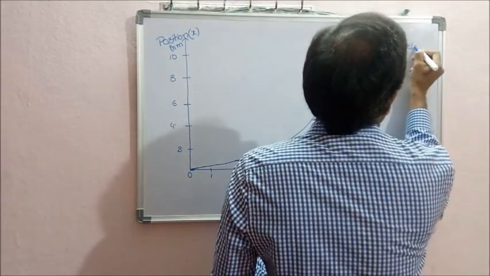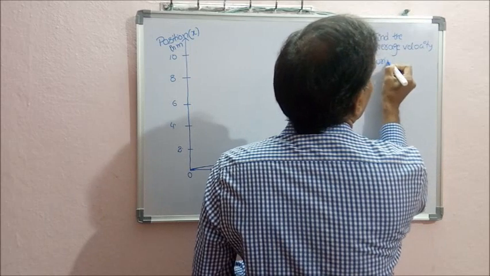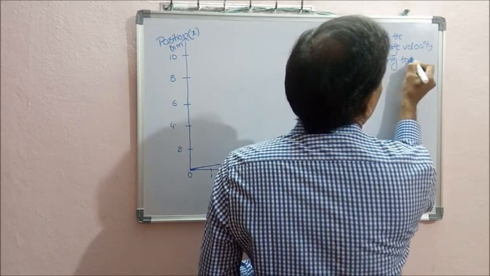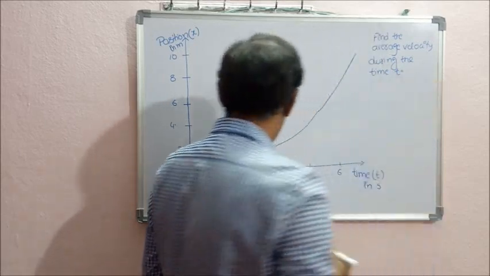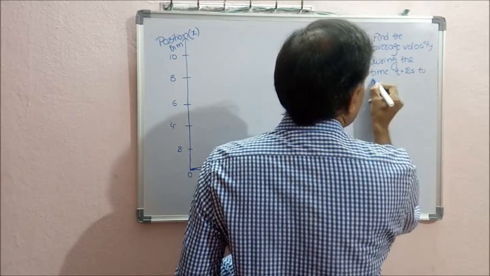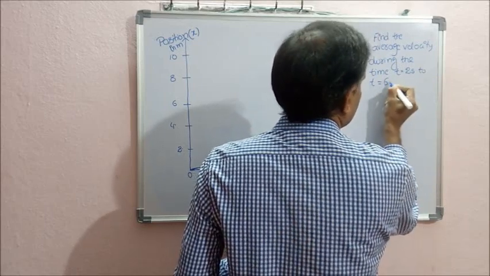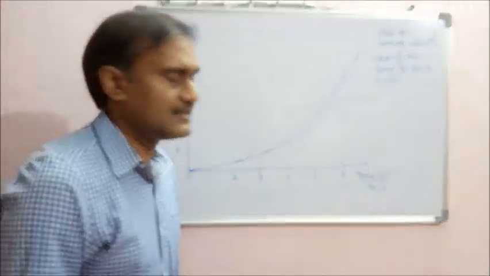Average velocity is also equal to average speed because the particle is moving along the same straight line. Average velocity during the time interval t is equal to 2 seconds to t is equal to 6 seconds.